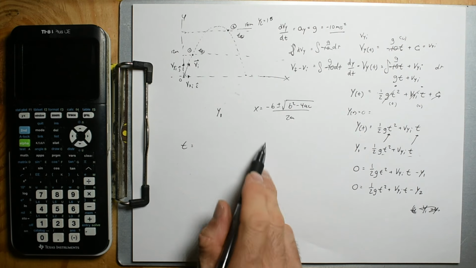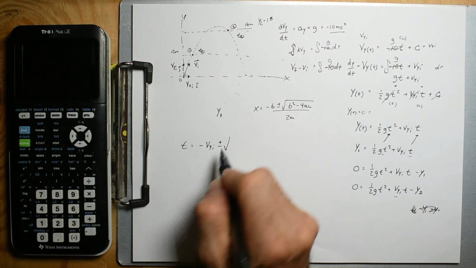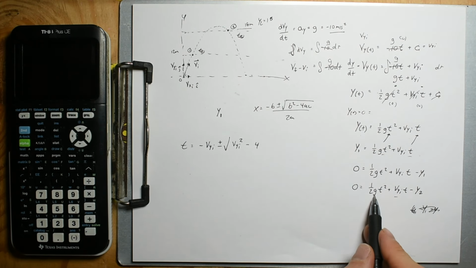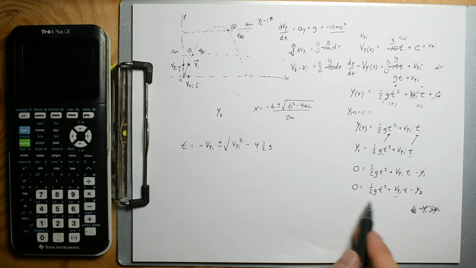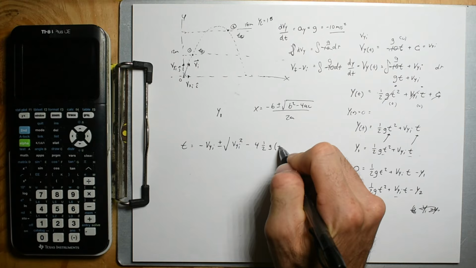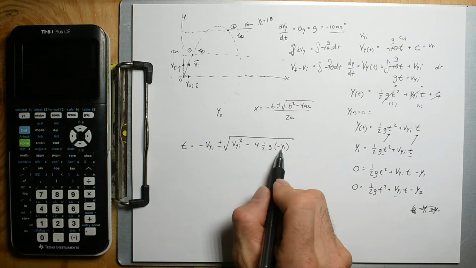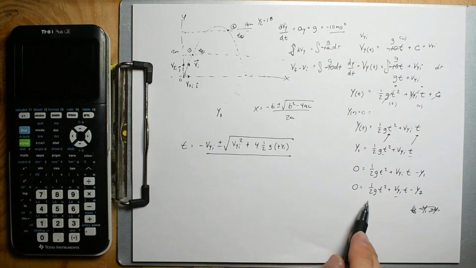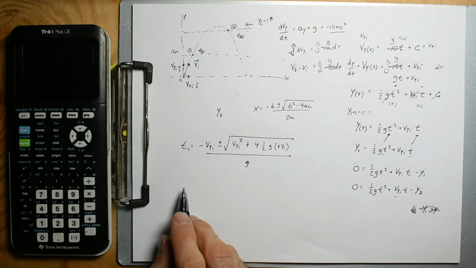So t is equal to, the b component is this, so we have negative vyi plus or minus the square root of vyi squared minus 4 times the a component, which is 1/2 g, and the c component, which is going to be negative y1. Cool. And so this negative is just going to be a positive. So there you go. And then that's all divided by 2a. 2a is just g. All right, so this is t1.